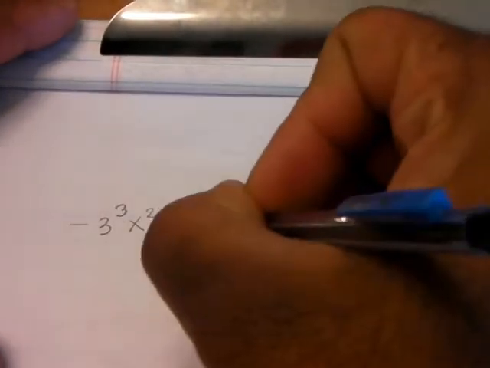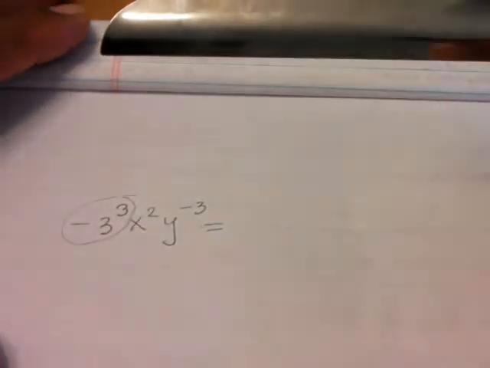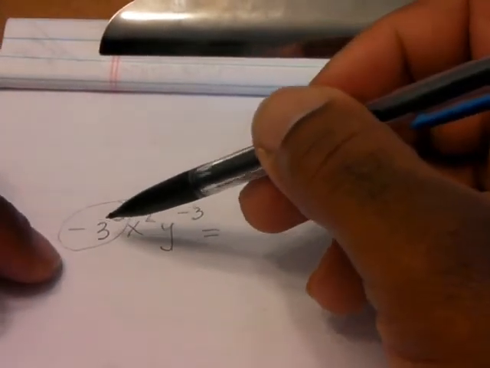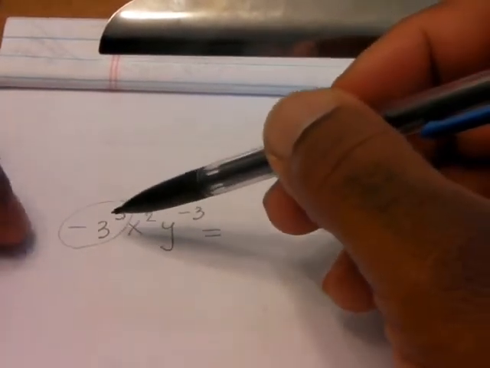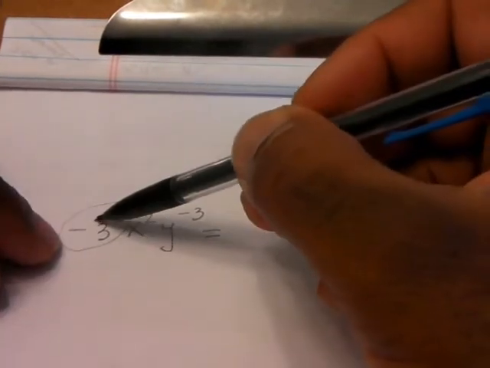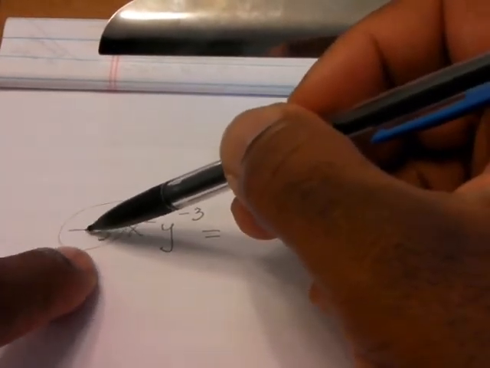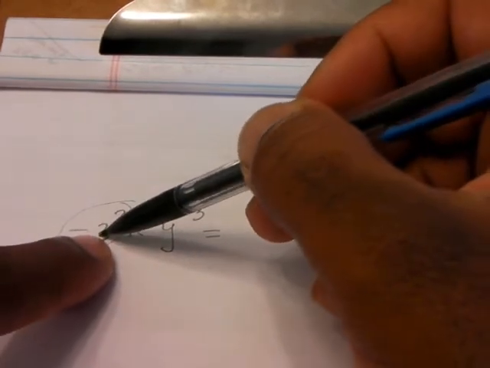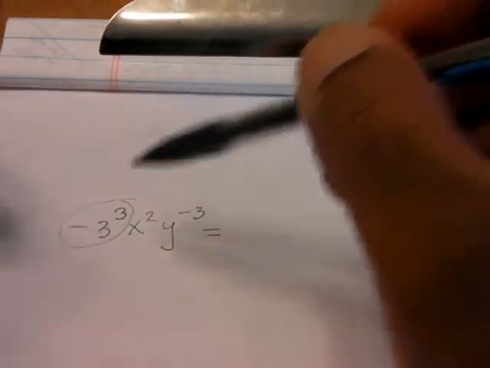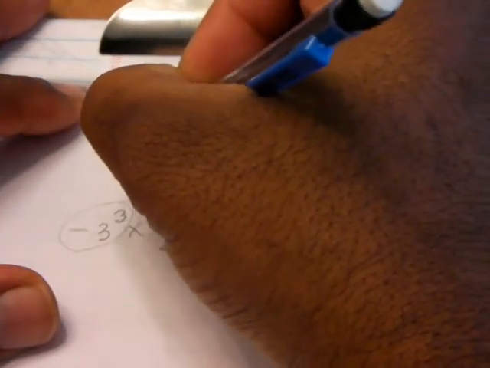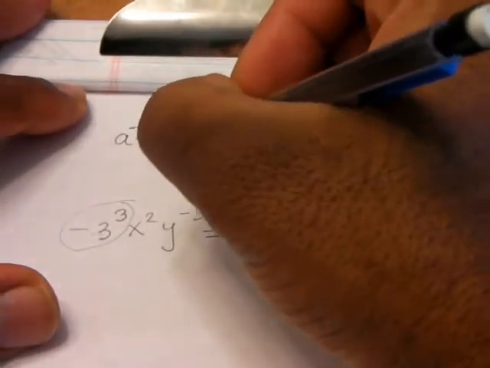Okay, now look at each instance. You would probably think and assume that you would apply the formula, but we can't apply the formula to values that have a negative base. We only apply the formula if the exponent is a negative value.